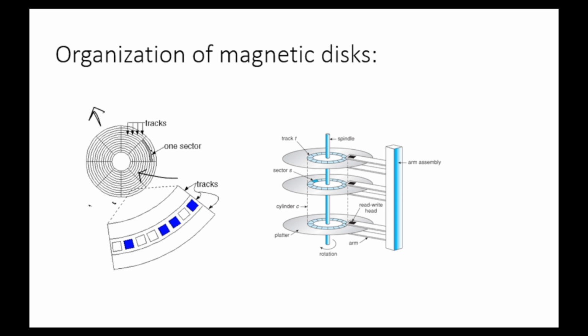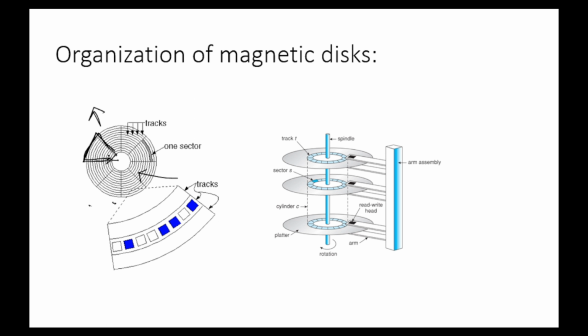All right, a magnetic disk surface also has invisible pie-shaped segments. These are virtual, not physical markings on the disk.